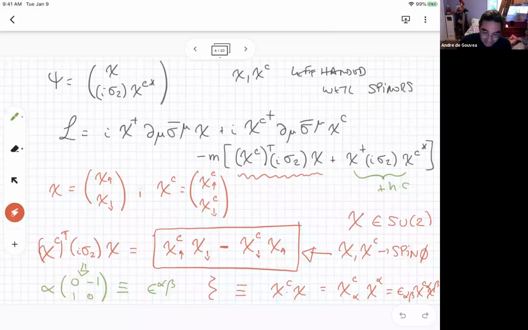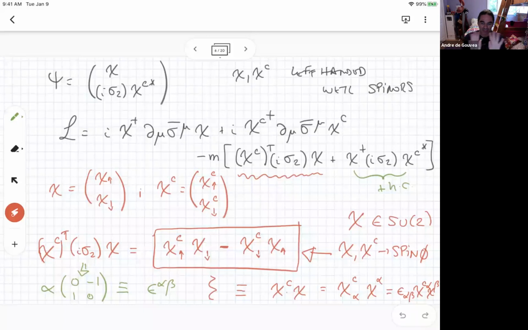So if you want to think about this, it's the mass term that tells you, if the mass term looks like this, that this chi and the chi-c particles are related to one another, and in some sense they are. In some sense, one is related to the complex conjugate of the other one.